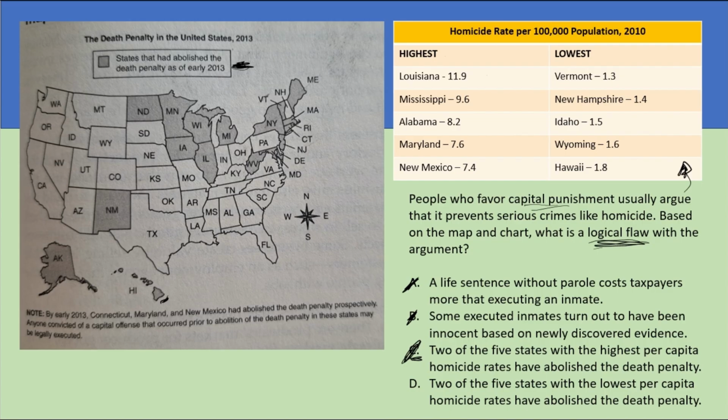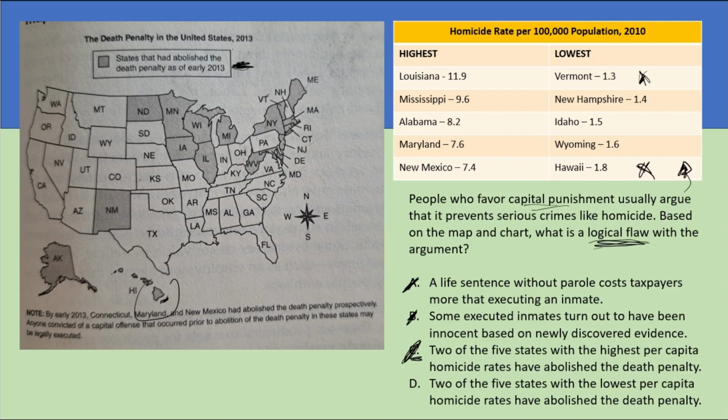Not true, because as we can see from this chart, as we can see from the map itself, I know immediately, because it's right here, down here, Hawaii abolished the death penalty, yet it's part of the lowest rates, right? We know that Vermont abolished it, and it is the lowest on this lowest rate. So we know that at least 2 of these states with the lowest homicide rate don't have the death penalty, and they're on this list.